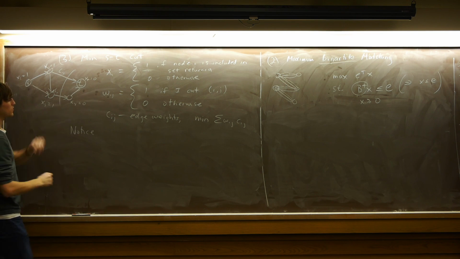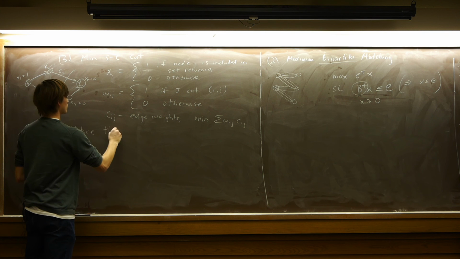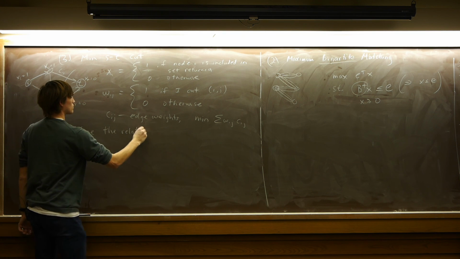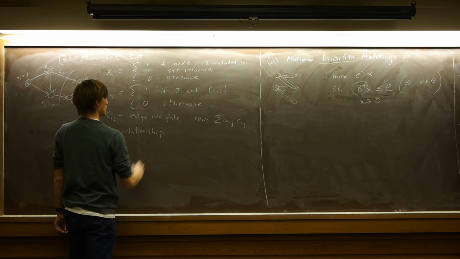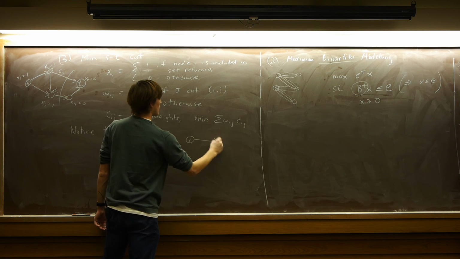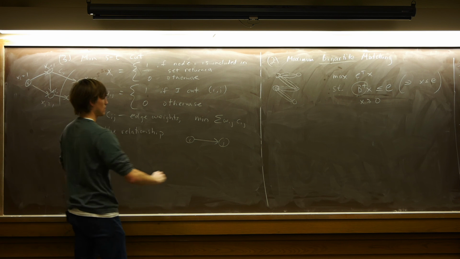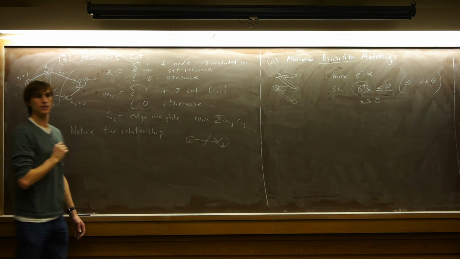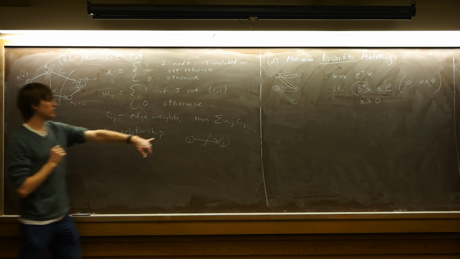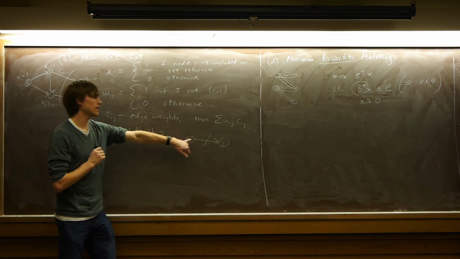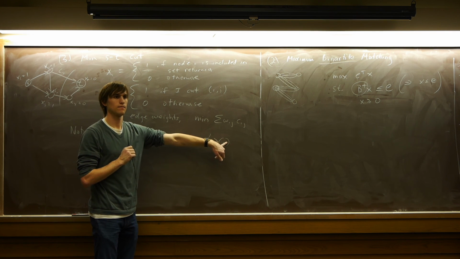And what's the relationship between these two? If I have a node i with an edge pointing from i to j, I cut this if and only if i is on the S side and j is on the T side.